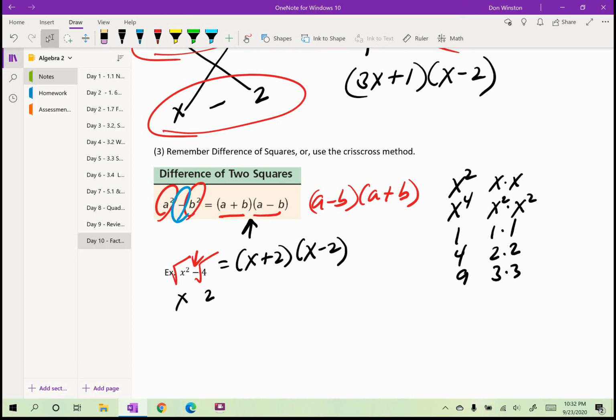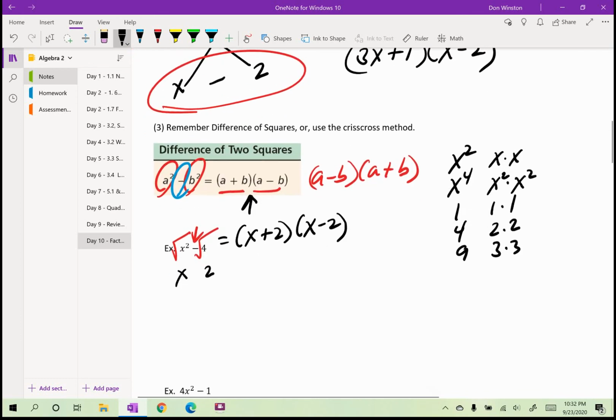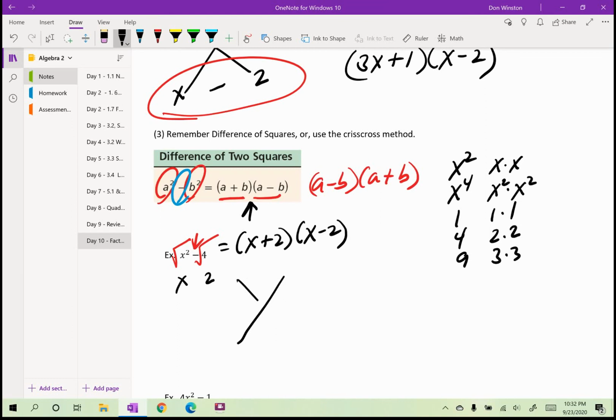If that's difficult, you could always do the crisscross method. Okay, we still have our x squared. Well, I'm not even going to write the table because it's so simple. So you have your x and your x, and then there's only one way.